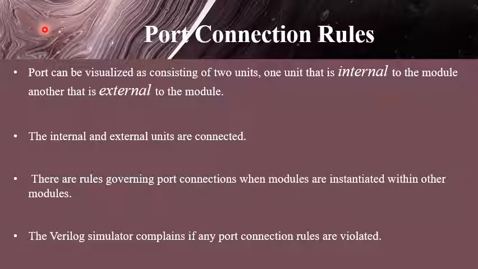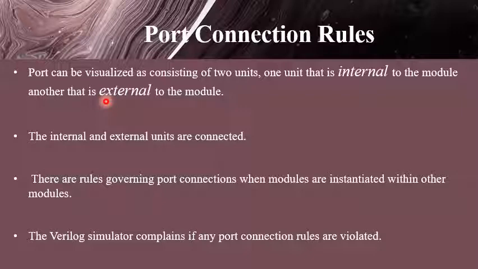Now, there are some port connection rules to follow while writing a Verilog module. A port can be visualized as consisting of two units: one internal to the module and another external to the module.